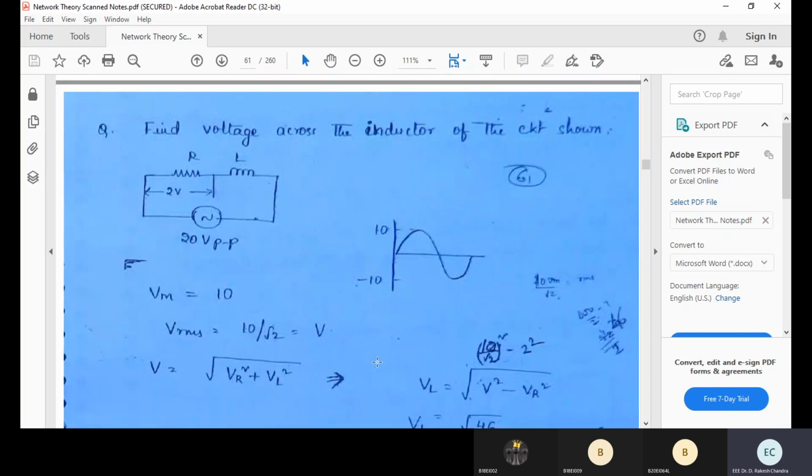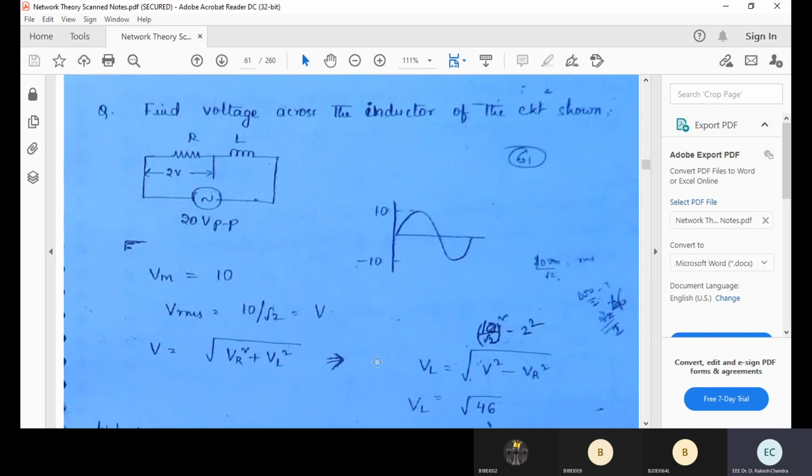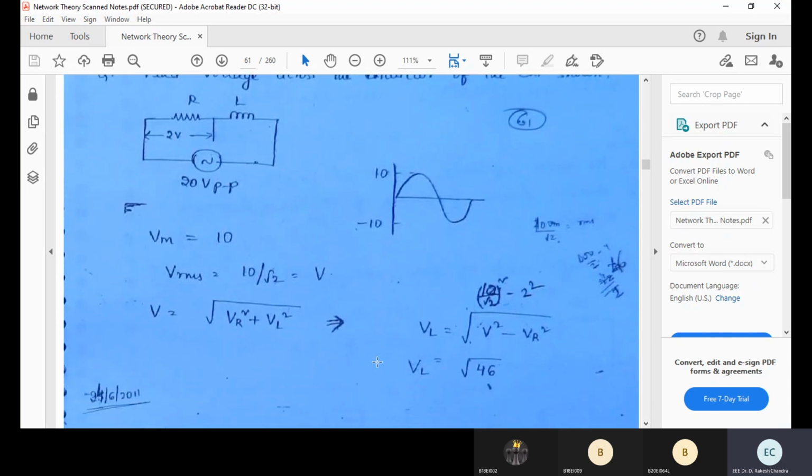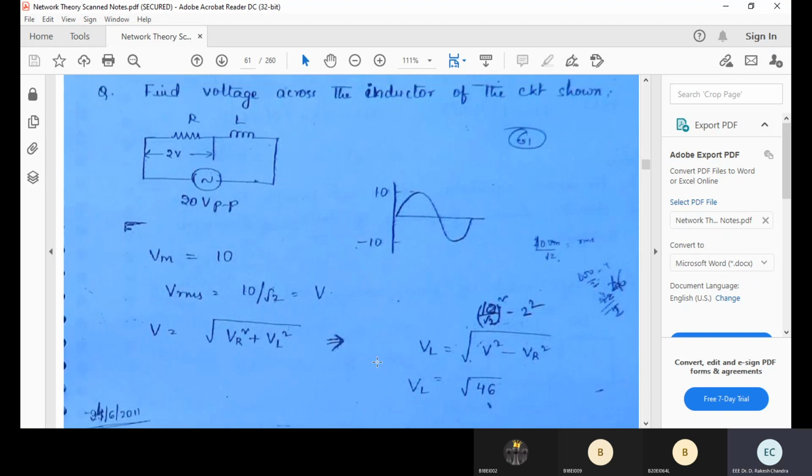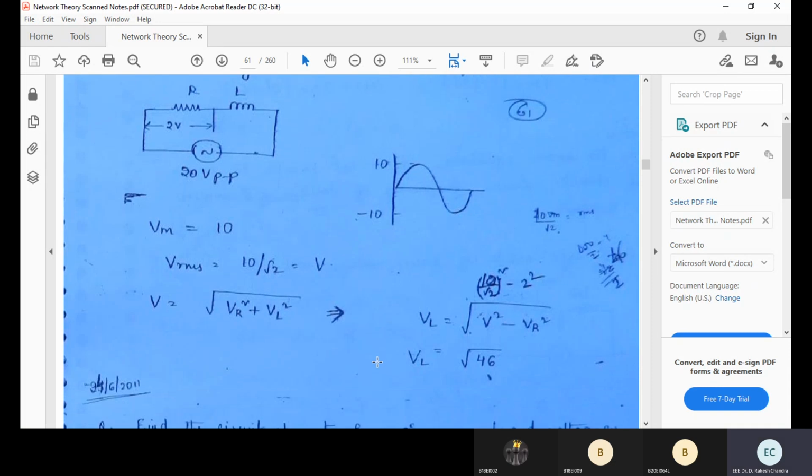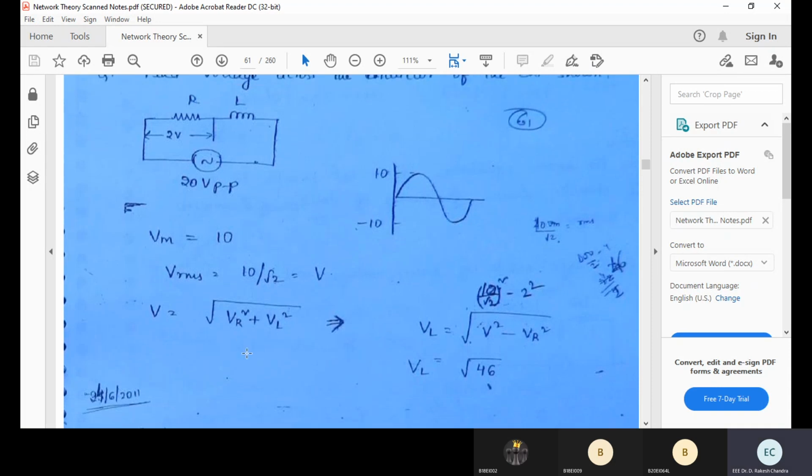Find the voltage across the inductor. Your total voltage V is equal to the square root of VR square plus VL square.